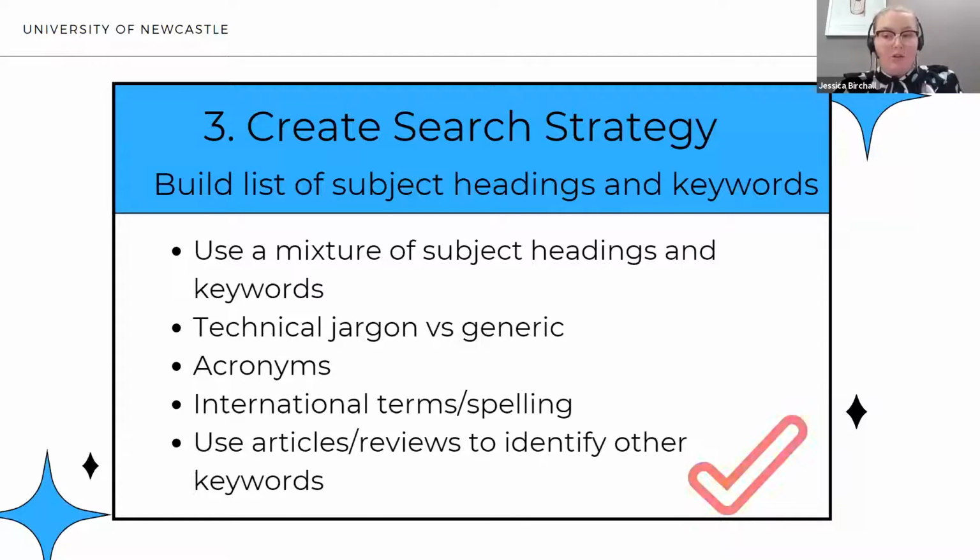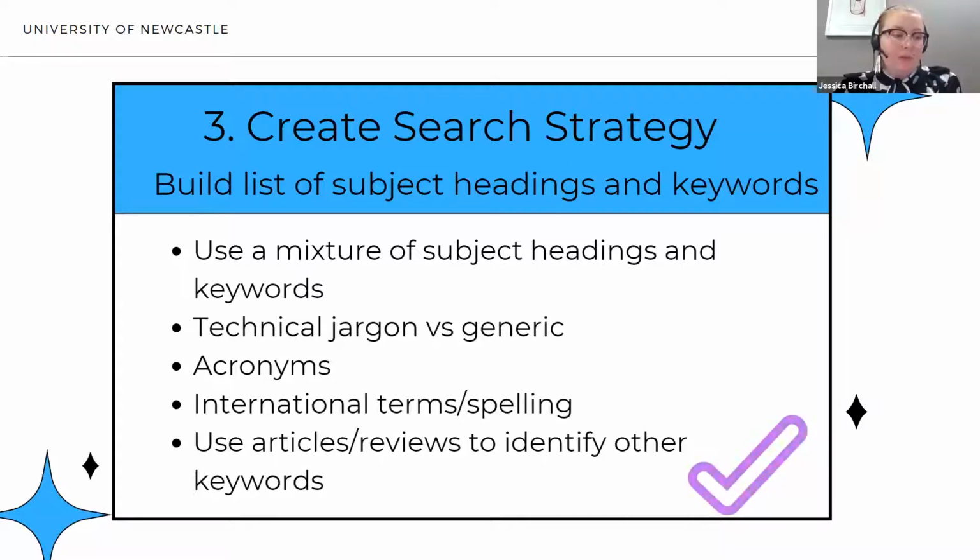You cannot rely on just one term to cover a topic, as different databases use different search terms. It's also important to use a mixture of subject headings and keywords in your search, so you can capture things that haven't been indexed with subject headings correctly. Just be aware that different databases use different subject headings and terms, so it's important to have a mixture of both.